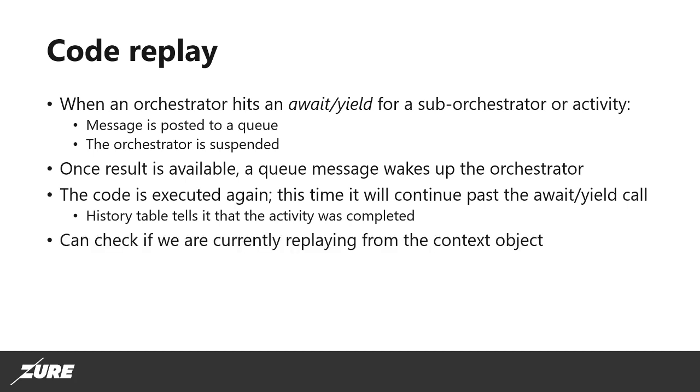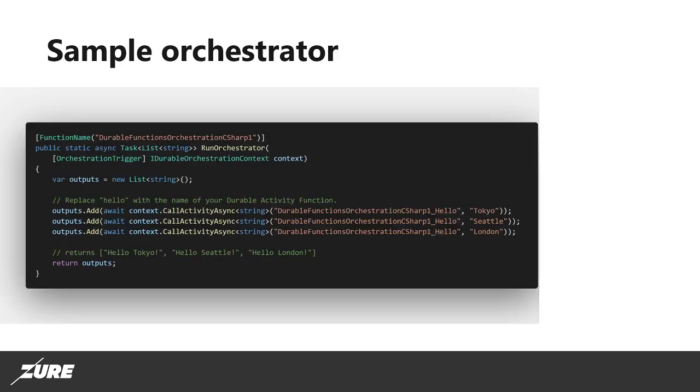If you do need to check if your current code line is being replayed, there is a Boolean property on the context object that your orchestrator function gets. So if you do need to check that, it's possible. The cases where you need to do that are quite limited.